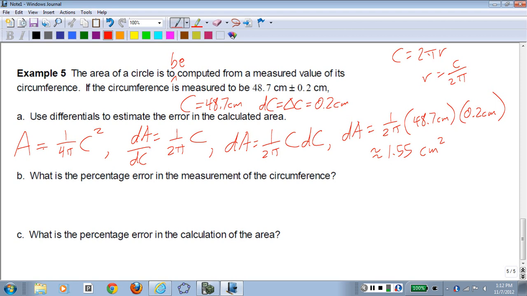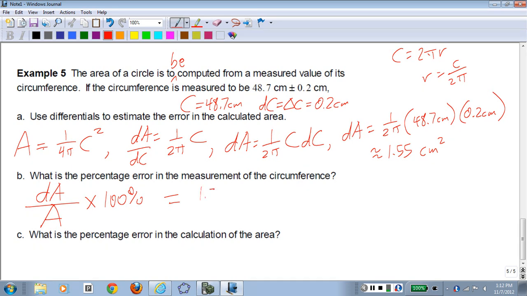So what's the percentage error? Well, we take the estimated error, dA, and divide by the calculated value, A, and multiply by 100%. Estimated error divided by calculated value multiplied by 100%.